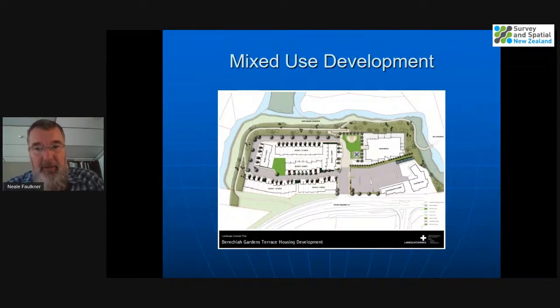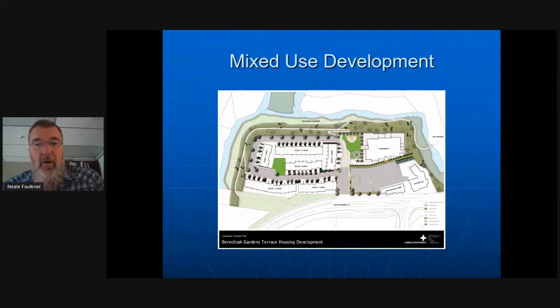This is a hypothetical example of a development. Bottom right-hand corner, there's a pub and bottle store with its associated car park. Top right-hand corner is an apartment building, multi-level. And on the left-hand side are side-by-side townhouses. So you could look at this as a whole and do a layered unit title development, or you could actually fee simple off those separate uses and then do a unit title of each.